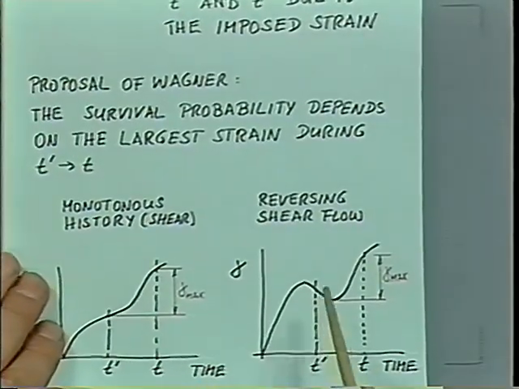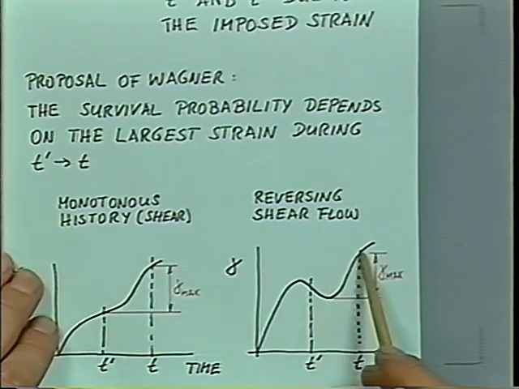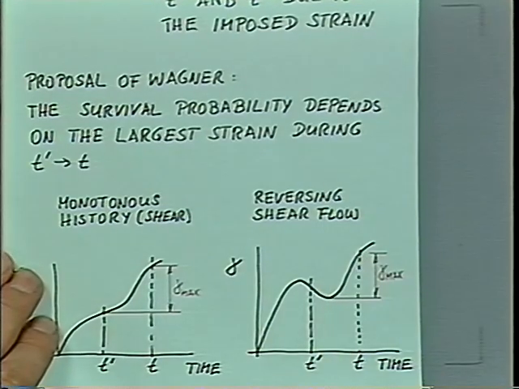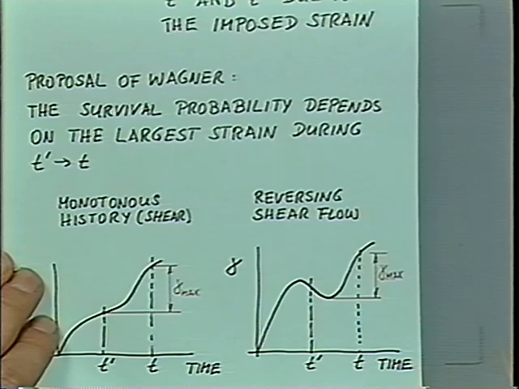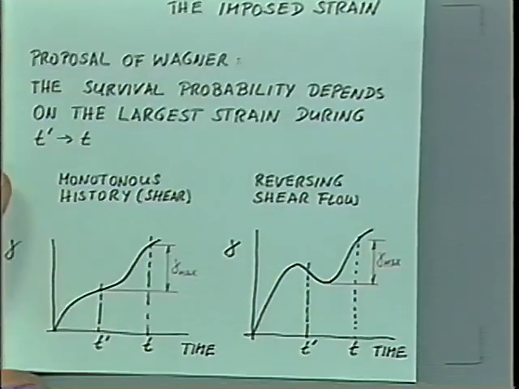For describing the survival property between T prime and T, we have to take the maximum strain which occurred somewhere in this interval, and this might be at some other time, not just T prime and T, if you have some reversal in this deformation.